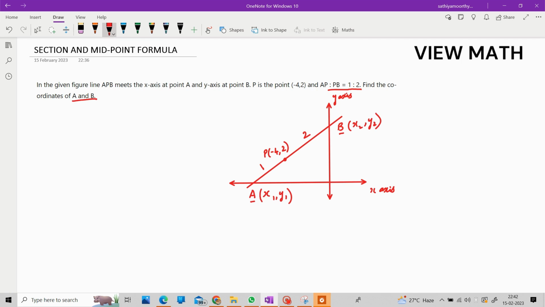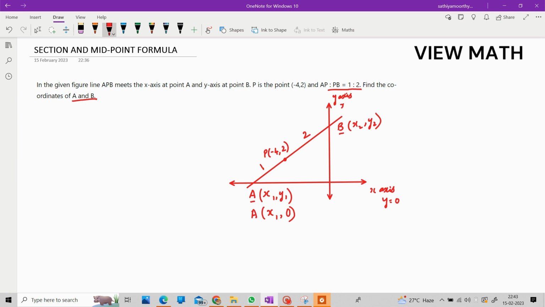Now you can see that the point A lies on the x-axis. On the x-axis we know y is equal to 0. So I can write A as (x1, y1), where y1 is 0 because it lies on the x-axis. So the coordinate of A is (x1, 0). Now the B coordinate lies on the y-axis.